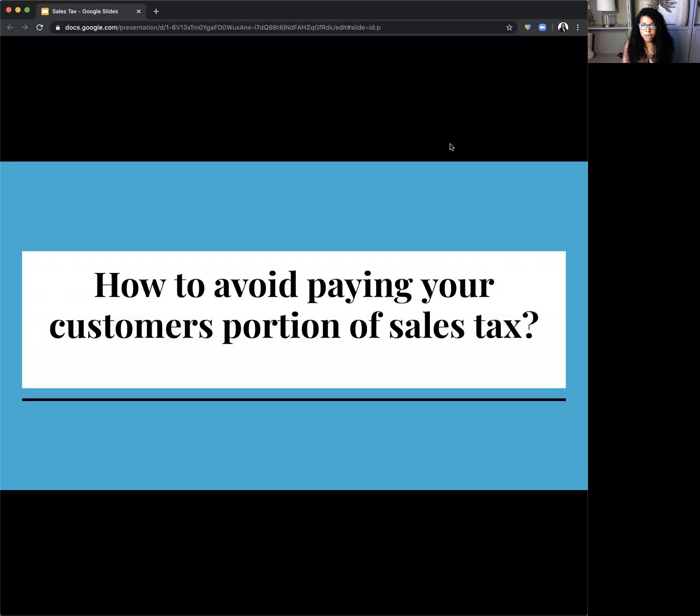Let's take $12,000 times 8.9%, which is $1,068. Now, that $1,068 is what you're going to have to pay out of pocket because you didn't charge it on top. These are things that when you file your state income tax, you have to pay.